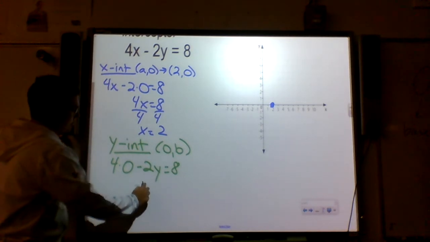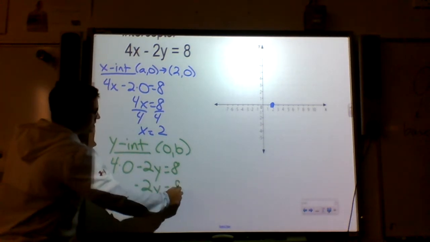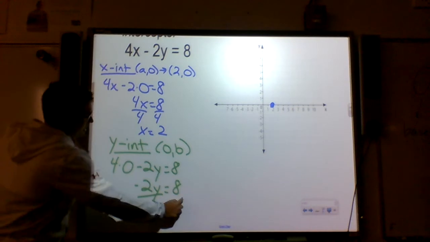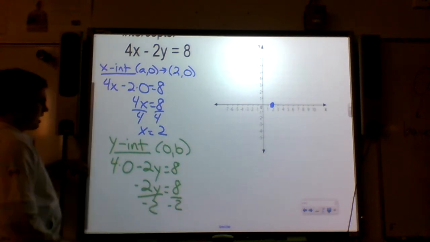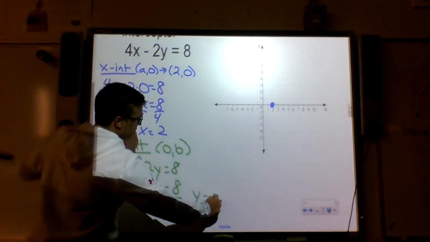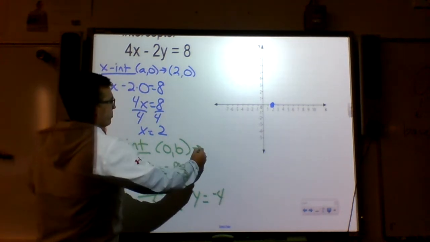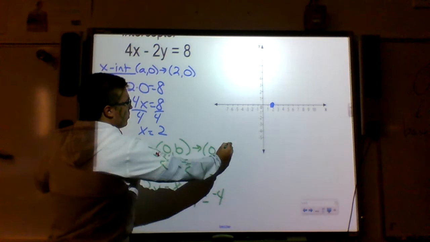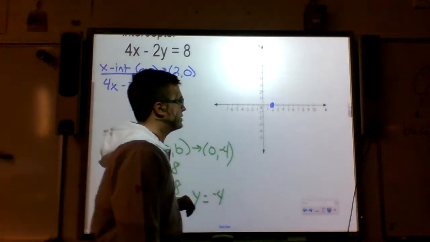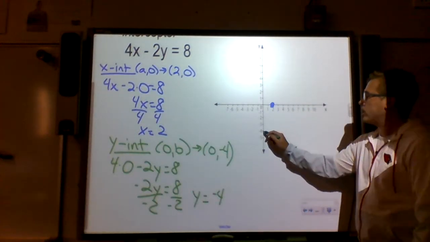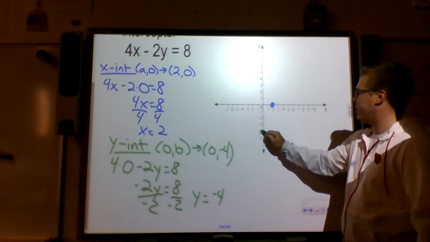Remember that minus sign. Negative 2y equals 8. Divide by negative 2. And y equals negative 4. Which means my point is (0, negative 4). So it's going to come down here, cross the y-axis at negative 4.